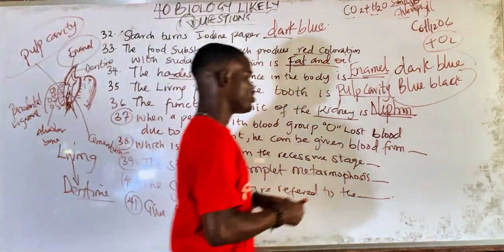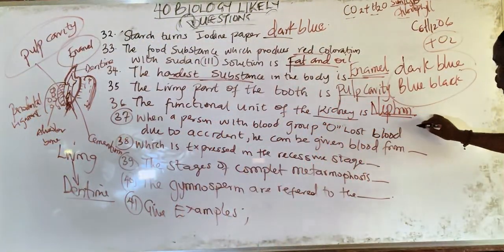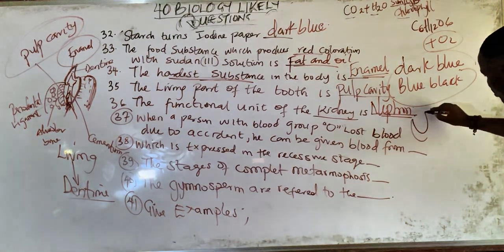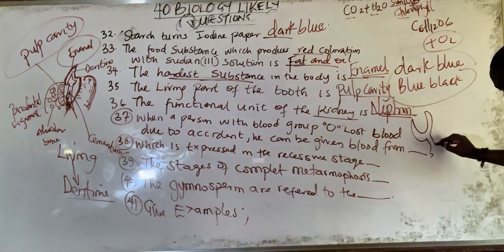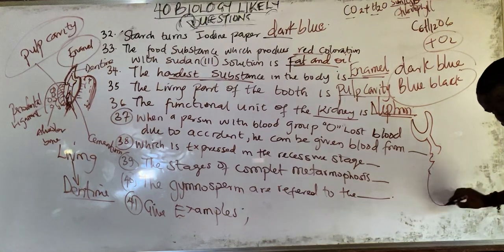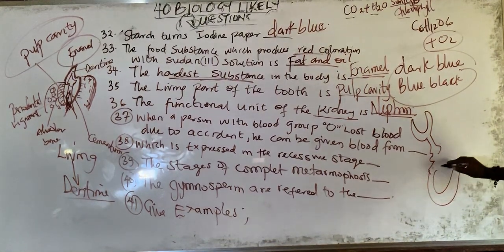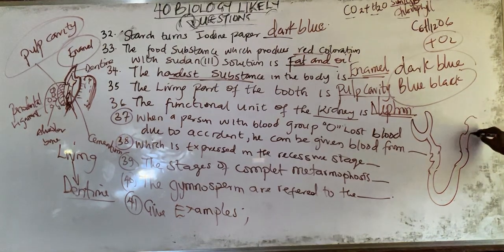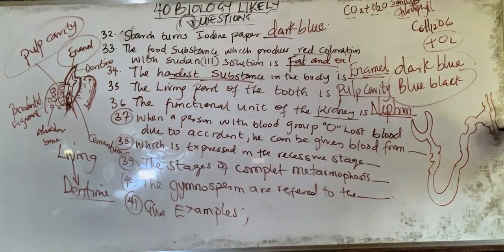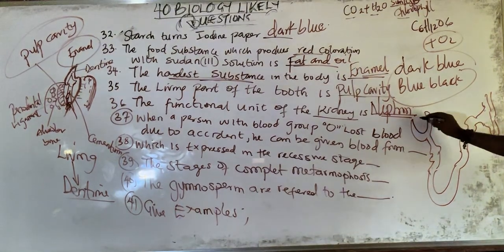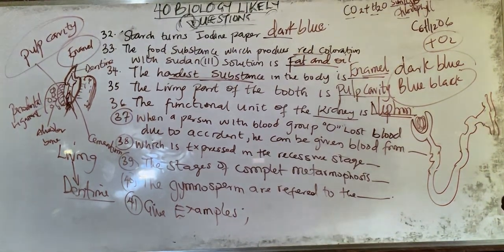I wanted to draw it for you guys, but you should also know it because they can ask you different parts of the nephron. Okay, so now we have the glomerular filtrate.